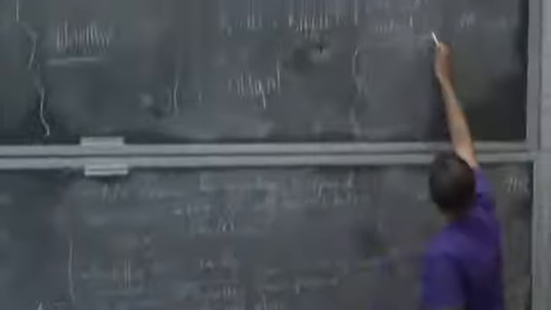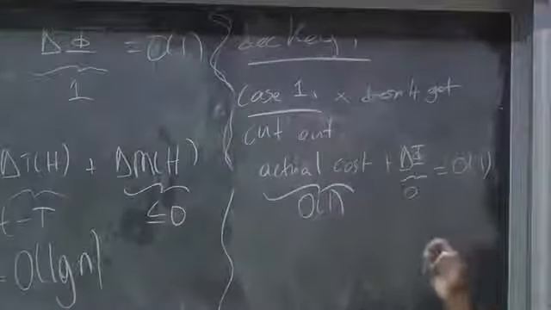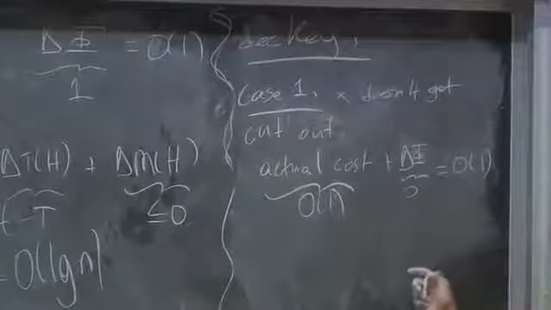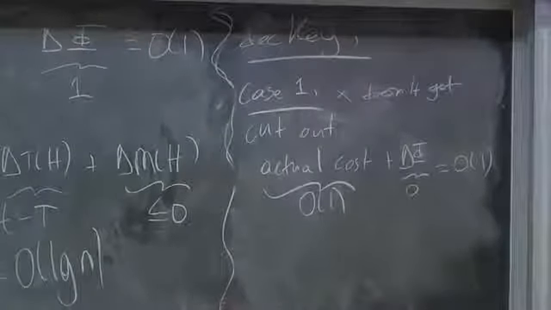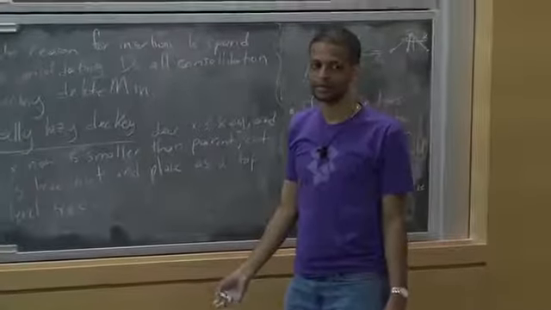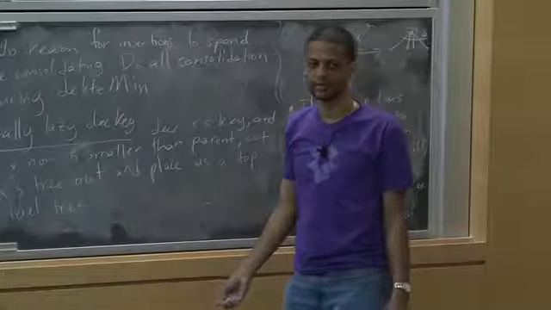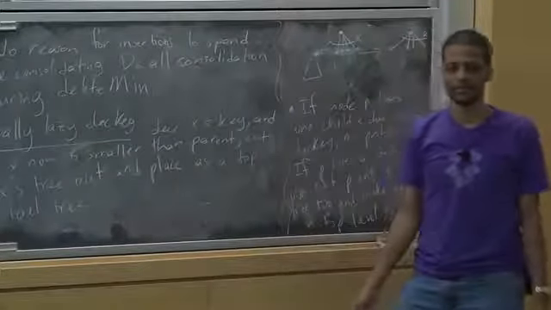What's the worst case that the actual cost plus delta phi could ever be? And in the worst case, it could be that C is 0 and then it's constant. Does that answer your question?